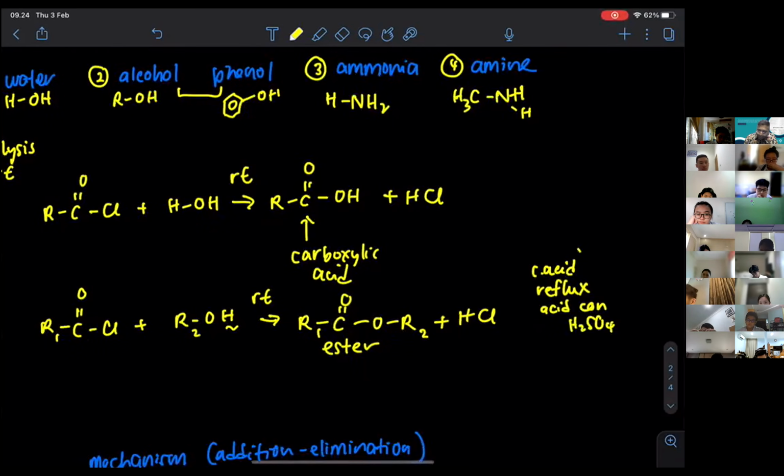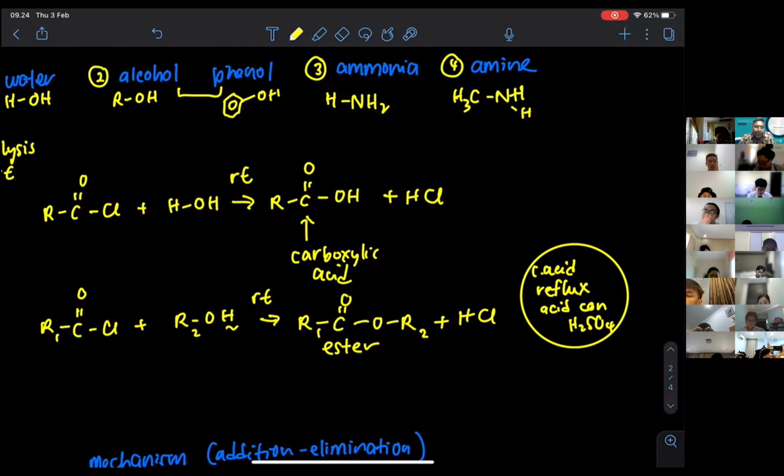Why? Because carboxylic acid is not that reactive. But this one with room temperature is reactive.